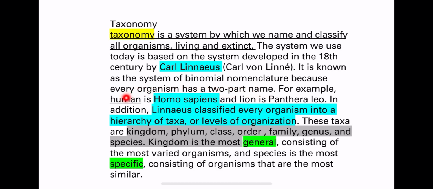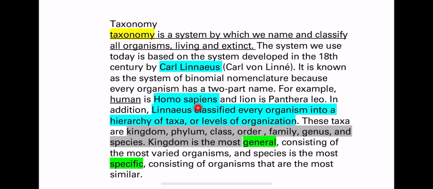Let's take an example. Human. What's the scientific name of human? Human is Homo sapiens. Homo sapiens is composed of two parts. The first part is the name of the genus, and it starts with a capital letter. The second part is the name of the species and it starts with a small letter.